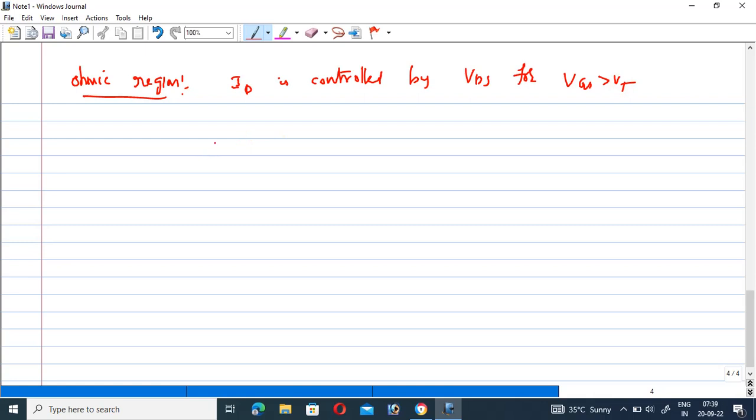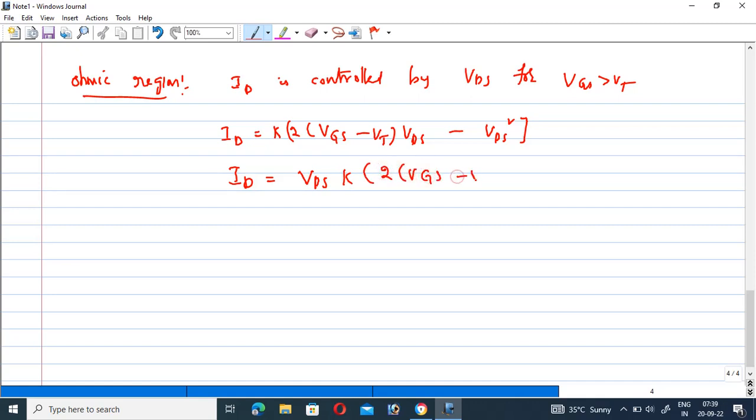It is depicted by the equation ID is equal to K into 2 times (VGS minus VT) into VDS minus VDS whole square. Taking VDS as a common factor, ID is equal to K times VDS into 2 times (VGS minus VT) minus VDS.